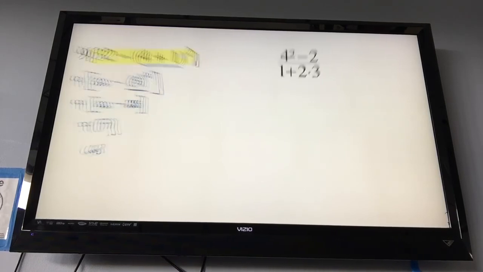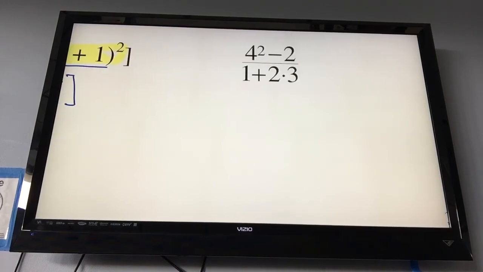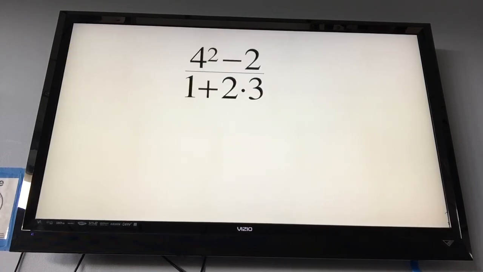All right, grouping symbols first. That means do the work above the fraction line, do the work below the fraction line, and then put it together. On top, powers come before subtraction, so 16 minus 2.